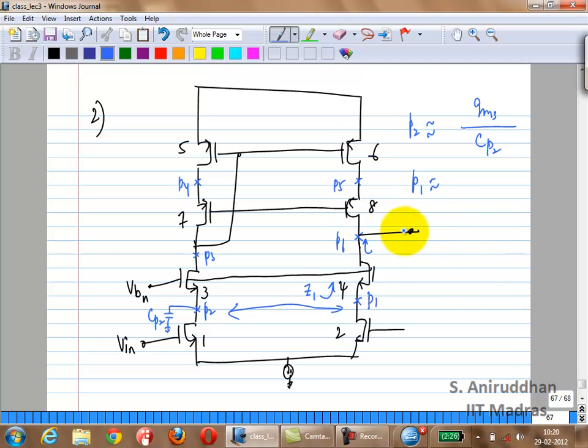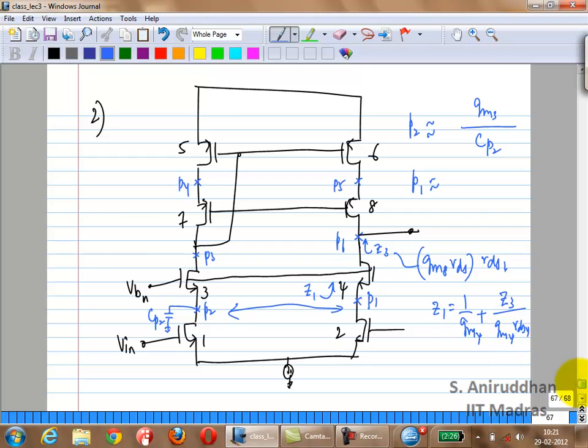Okay, let me call this Z3. What is Z3? Correct? What is Z1? Plus Z3 over... correct?